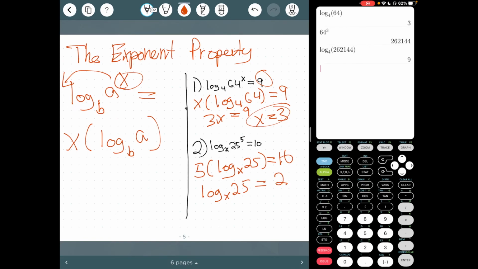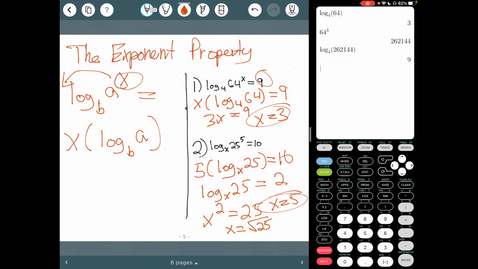So now we can change this into exponential form. So we do x to the power of 2 equals 25. So to solve this, we just take the square root of both sides. So x equals square root of 25. So square root of 25 equals 5. And that is our answer.